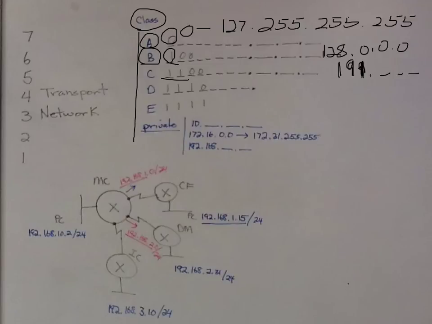And the next class C address, that one would start at 192. And then D would start at 224 and E at 240.